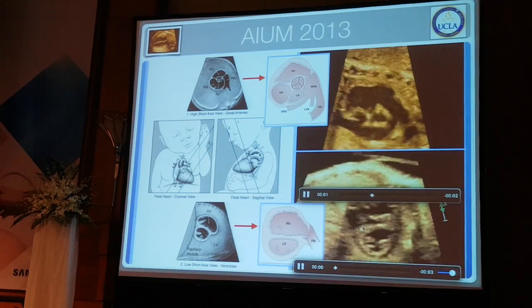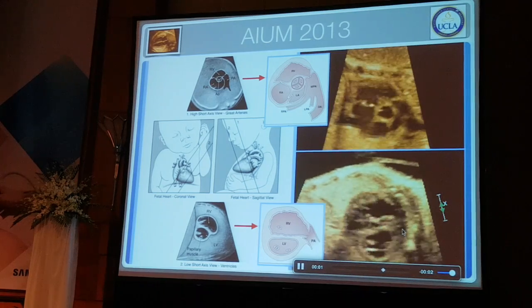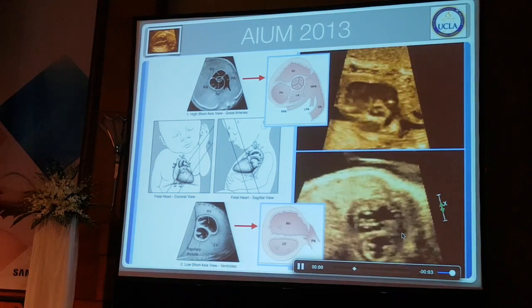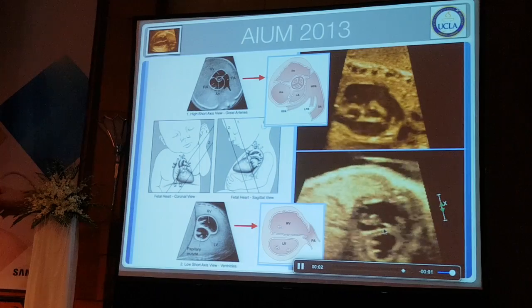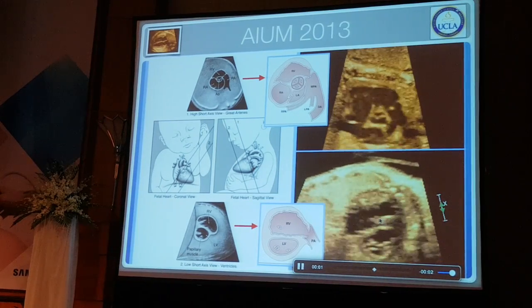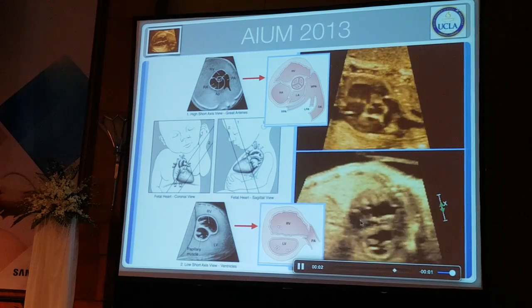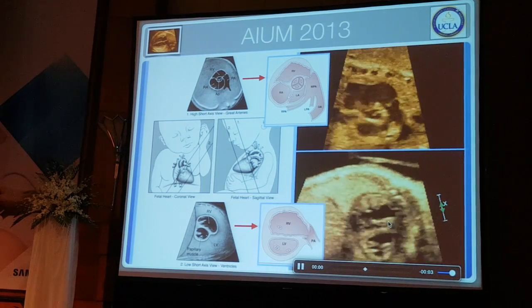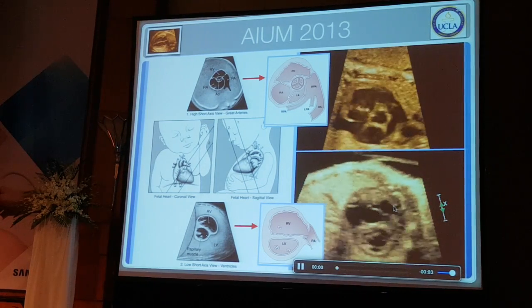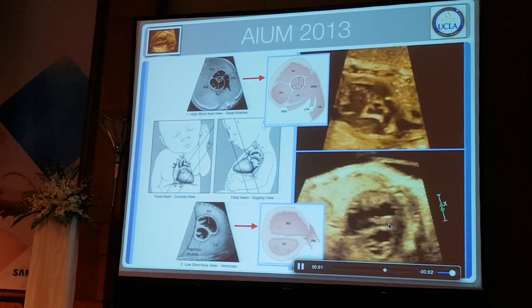And on the bottom, you can see the short axis, but at the level closer to the apex, you can see that the tricuspid valve has septal attachments. The mitral valve doesn't, and the right ventricle is more trabeculated.